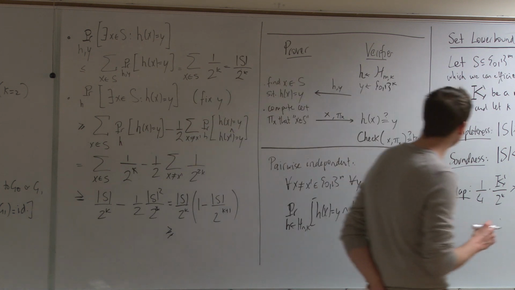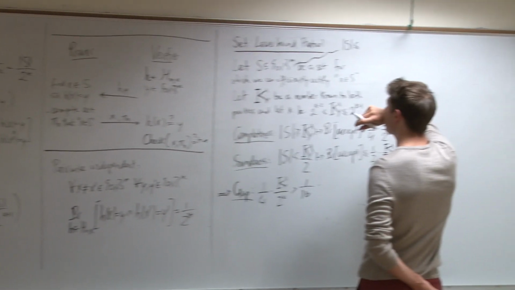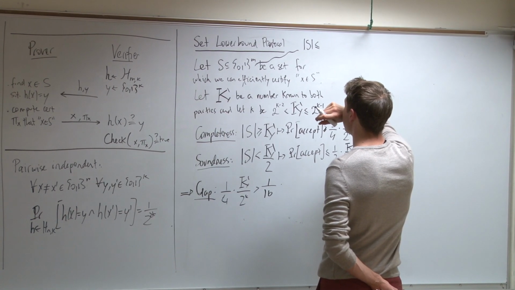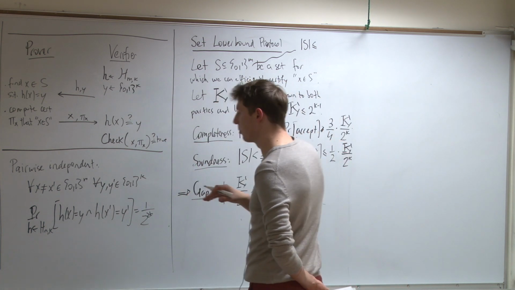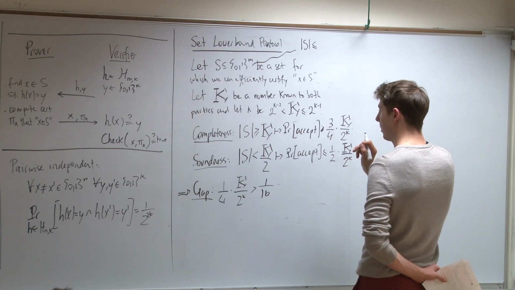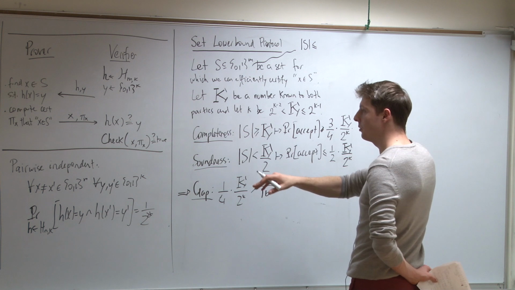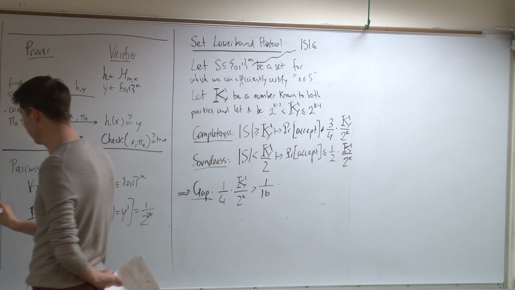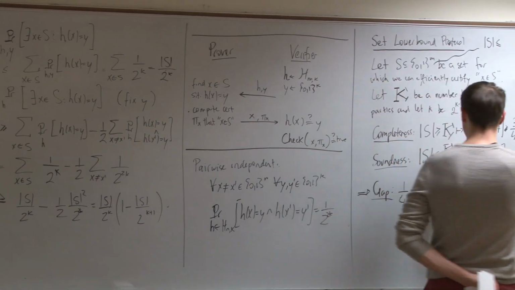So this is at least something, but I forgot to assume something. I also want to assume that the size of S is at most something. Because I want to lower bound that, and I don't want S to be too big. Oh no, I assumed it here, right? Oh wait, no, I need to connect those things to these cases. So let's just complete this, and I'm going to do it for completeness and soundness. My upper bound on S will come through here.